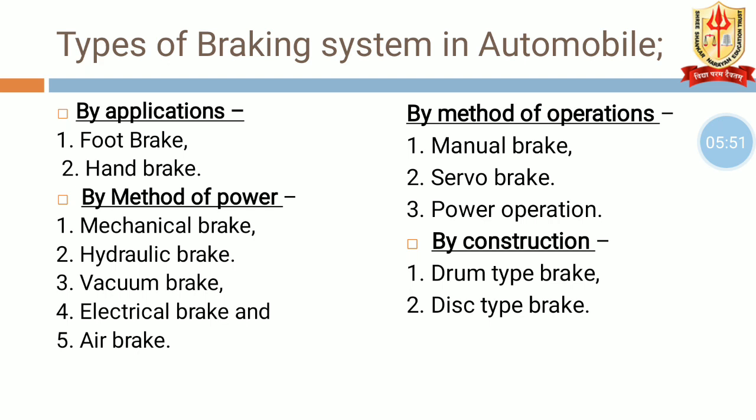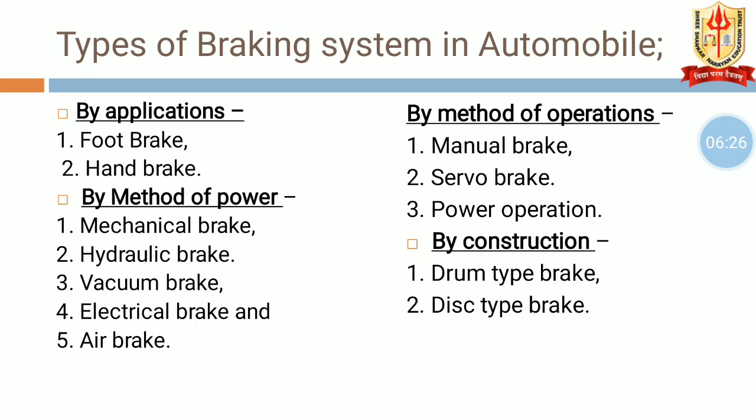Then by the method of power, which kind of power we utilize while braking: mechanical brakes, hydraulic brakes, vacuum brake, electrical brake, and air brake. By the use of power, we are classifying it into 5 different types, meaning we utilize 5 different kinds of power for the operation of brakes. Accordingly, they are classified as mechanical, hydraulic, vacuum, electrical, and air brake.